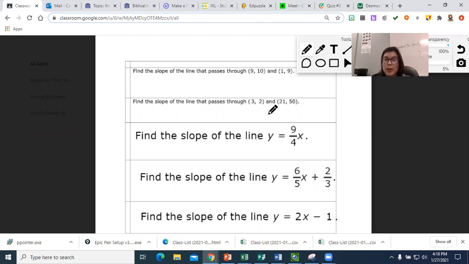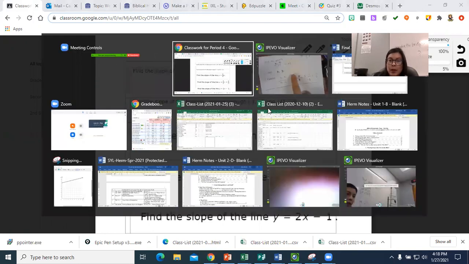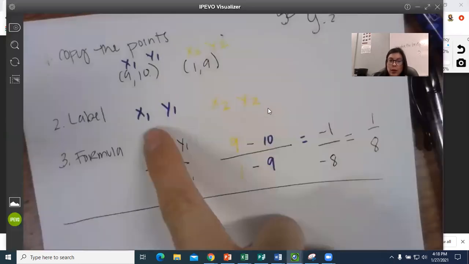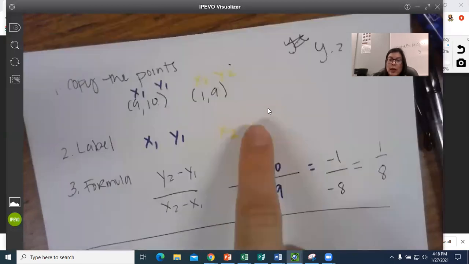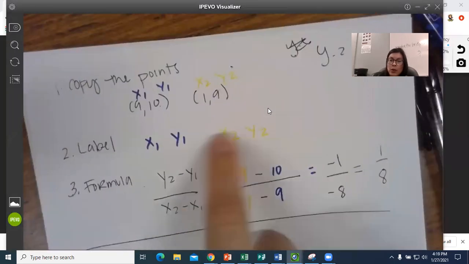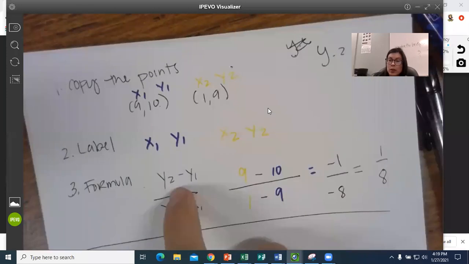So work on that. Copy the points. Did you copy the points? Label the points. You're going to label on your paper x1, y1, x2, y2. The formula and how we label are not in the same order. So notice the y's go on top because it's the rise over the run.